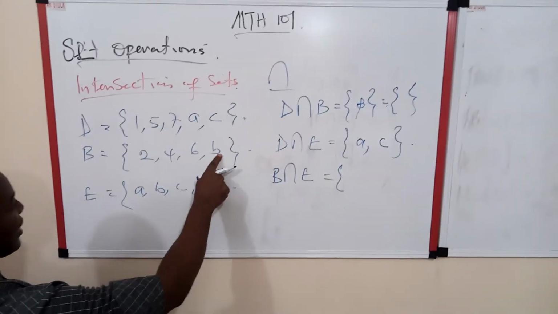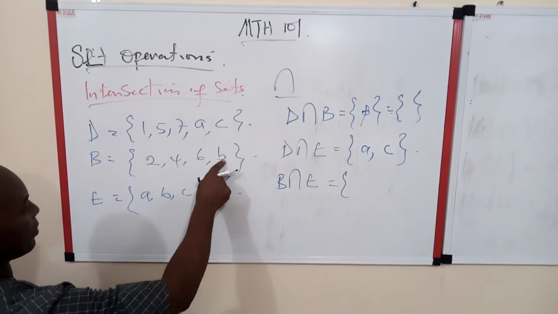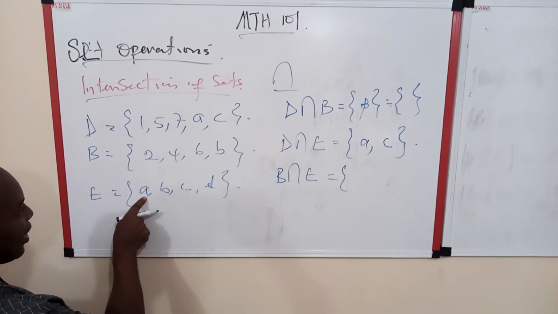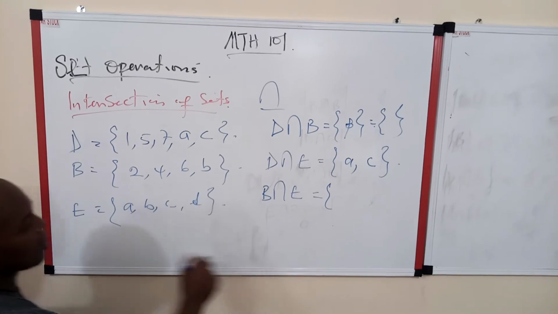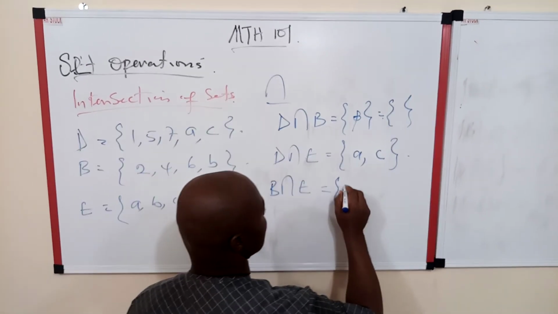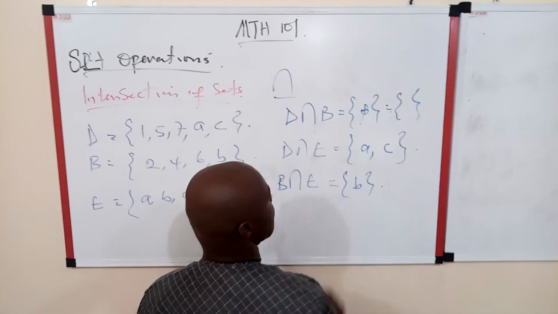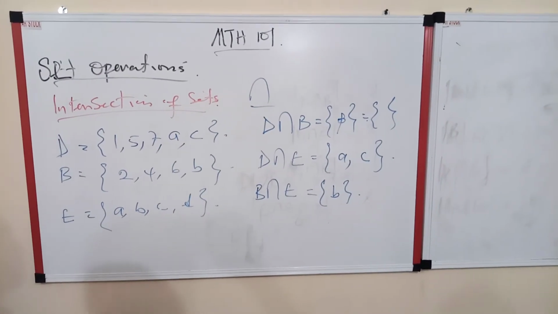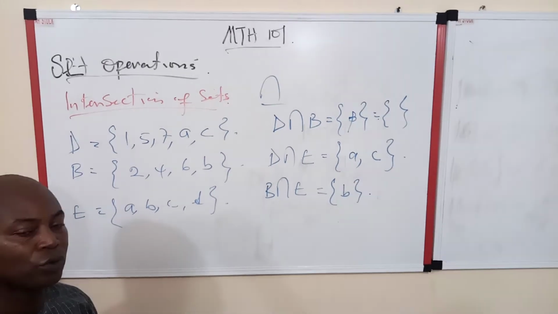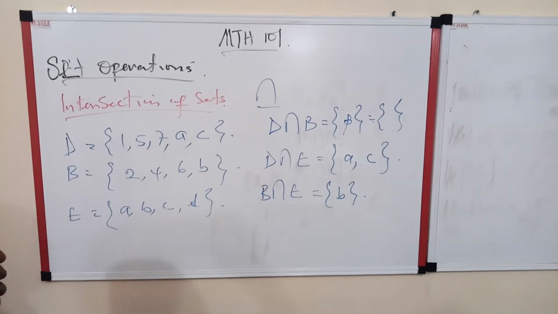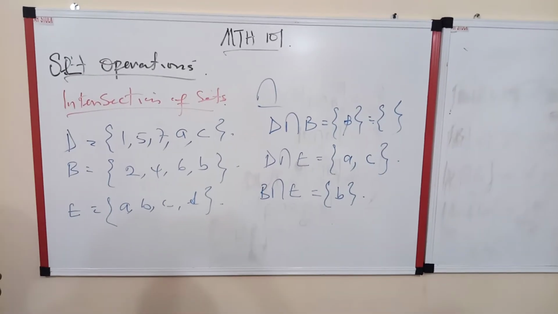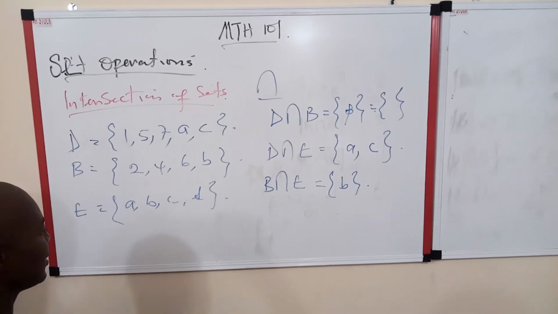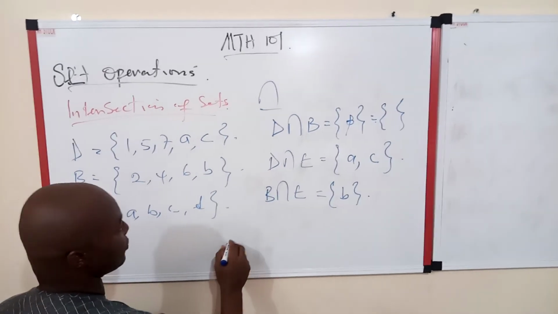Yes, B. All these are numbers, whereas this one is an alphabet. We have a B here, B. So B intersection E is a set where we have just one element. In other words, the intersection of two sets is a collection of elements that are common to both. We can also go ahead determining the intersection of three sets.